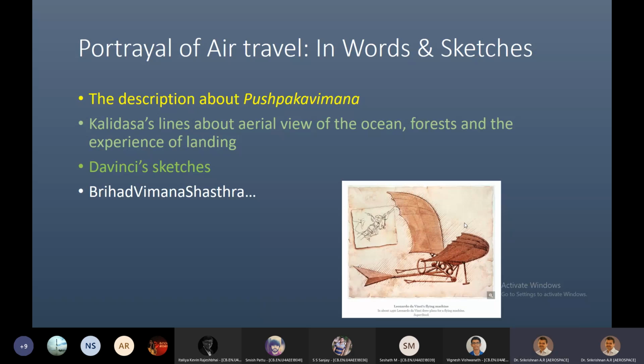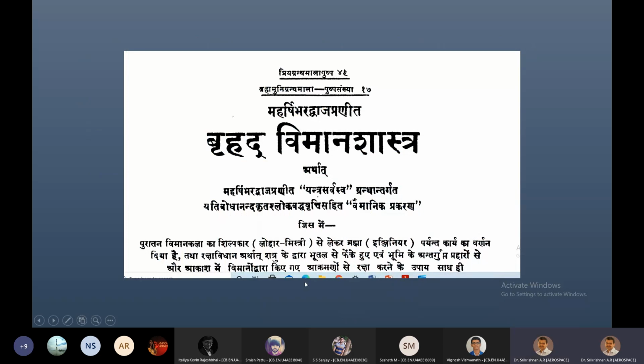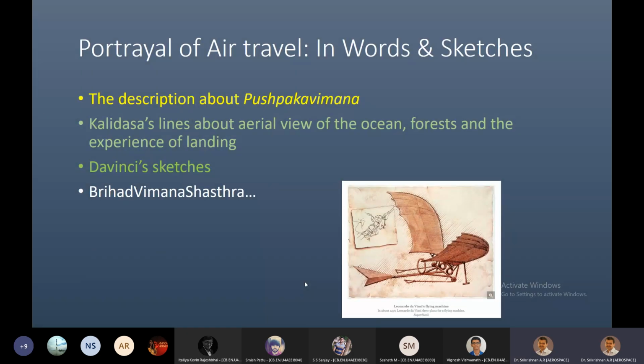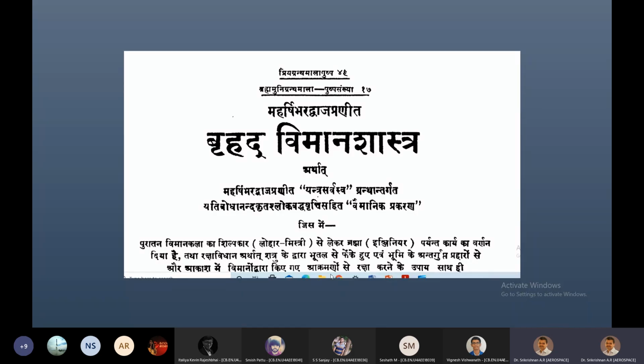And then there is a text called Brihad Vimana Shastra. Probably you have heard of it. The title means the large science, or the big science, of aircraft. That's what it literally translates to. This Sanskrit text gives a lot of description about what should constitute the elements of an aircraft, how it should evade attacks of enemies, and how it should find its direction, etc. Now, are they all physically feasible?